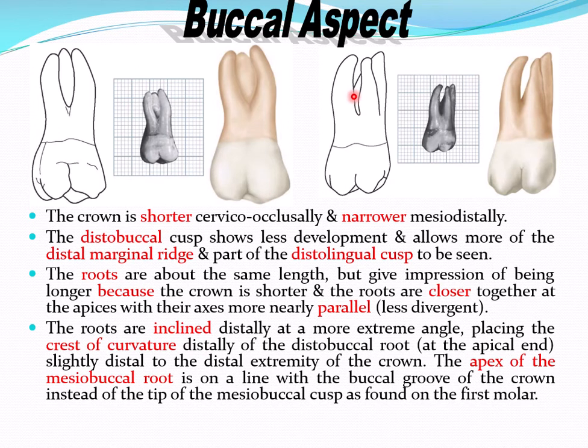So this is another difference. The apex of the mesiobuccal root is aligned with the buccal groove, while the apex of the mesiobuccal root here in the maxillary first molar is with the tip of the mesiobuccal cusp.